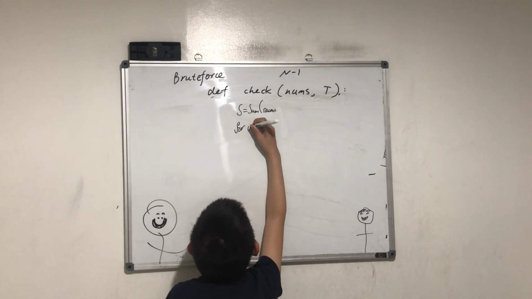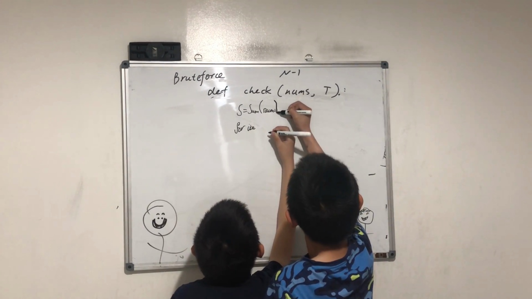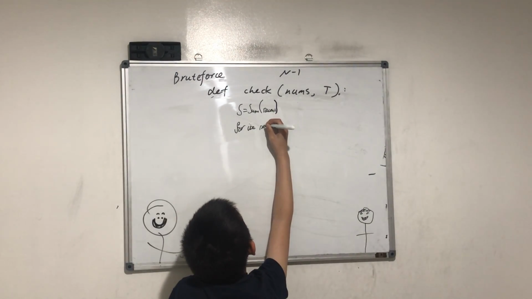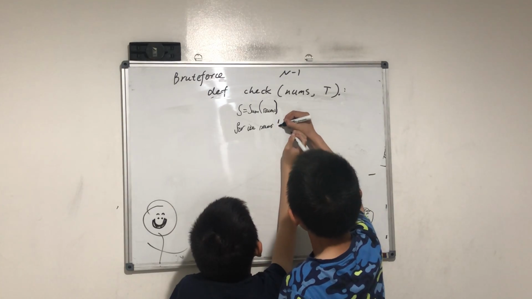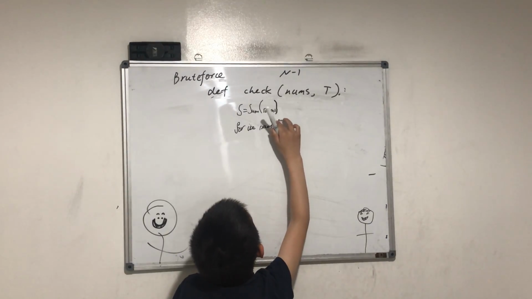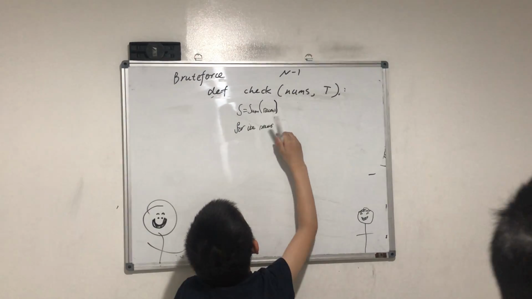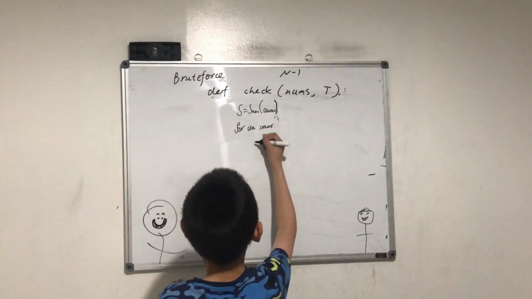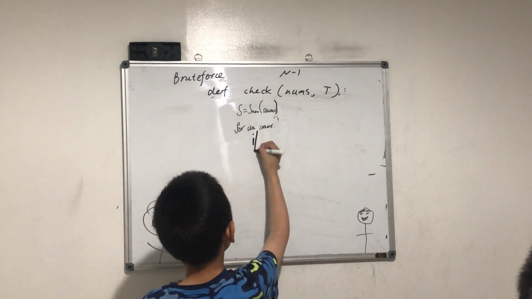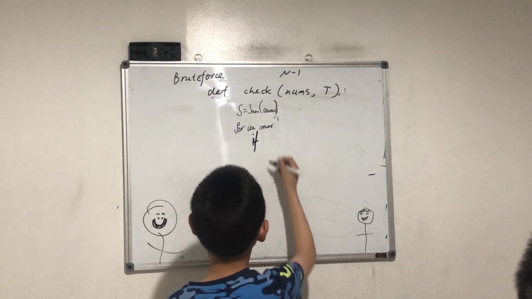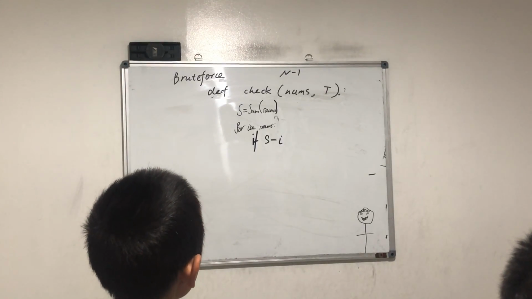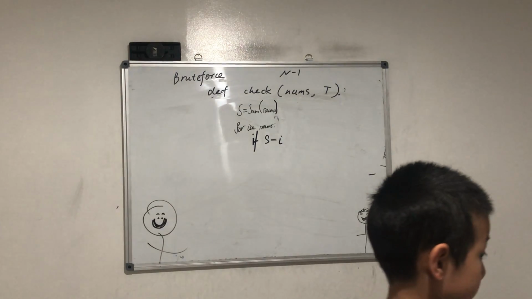Similar, but for i in nums, you want to find out. If s minus i equals k times t, where t equals the length of nums minus 1.